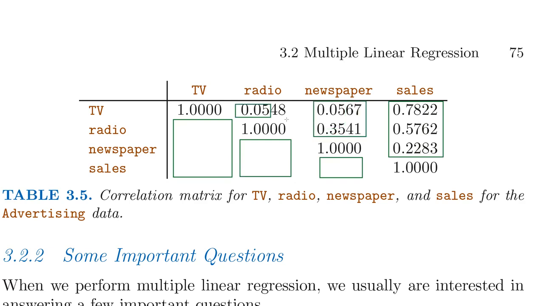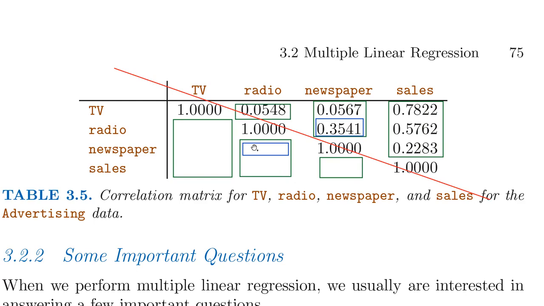More interesting. By the way, these are blank, but it's just the same values that you have over here. So your correlation matrix is always symmetric about the leading diagonal. All I'm saying is the correlation between newspaper and radio, and the correlation between radio and newspaper, is the same value for obvious reasons.